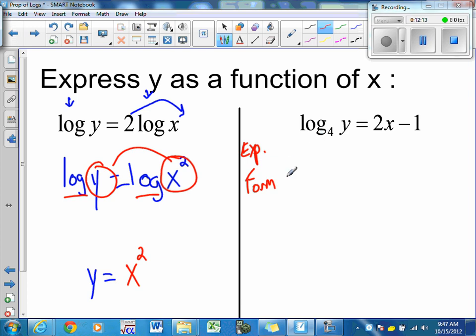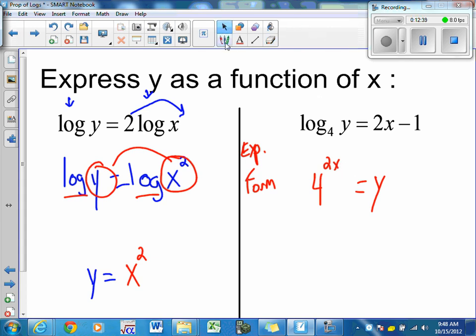If you have one logarithm, you do exponential form. Two logarithms, one on each side, you get them equal and then set what's inside equal. So if I do this in exponential form, it's going to be 4 to the 2x minus 1 equals y.